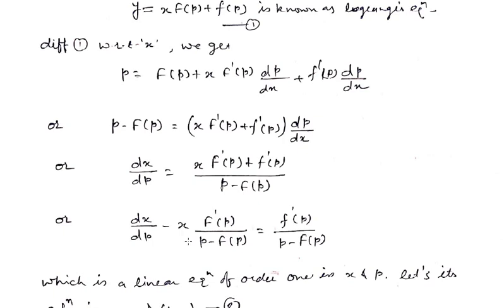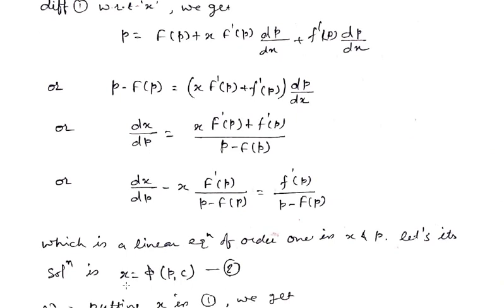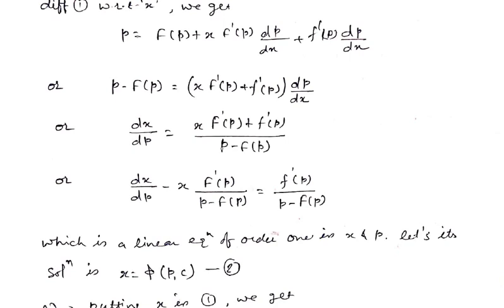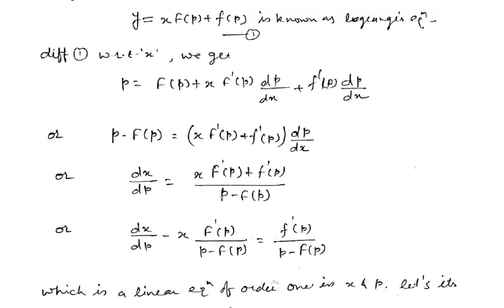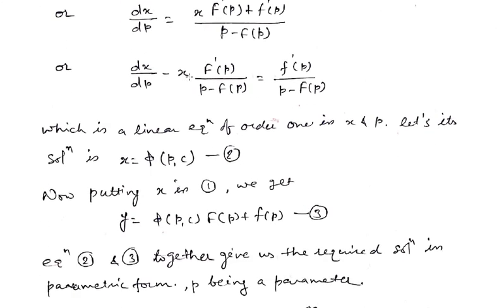So from here we can obtain a solution in x, p and c. So from here we get a value of x in terms of p and c. Now we will put this value of x in the given equation, which is equation number 1. So when we put here x from the obtained equation 2, we get another result, y equals some function of p, c, f of p plus g of p.